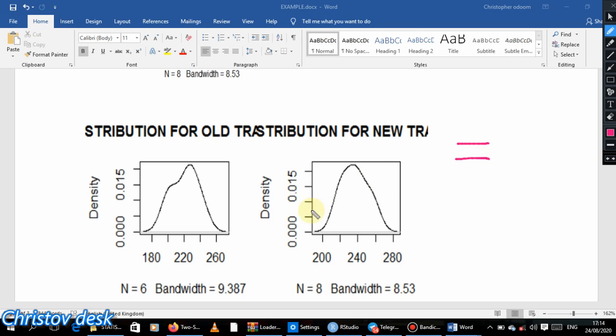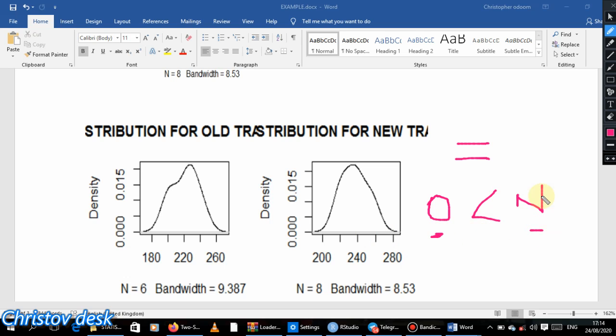Our alternative is saying that yes, this distribution, which is the old one, we expect it to be less than that of the new one in terms of, let's say, the mean. So we believe that the mean of the new one is going to be greater than the mean of the old one.